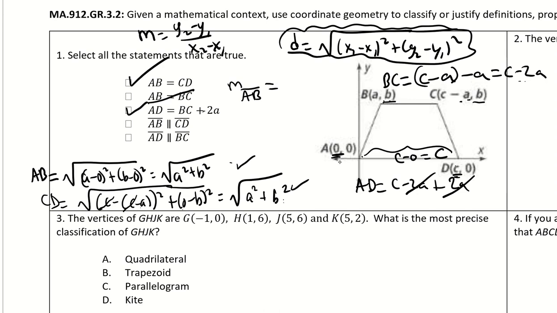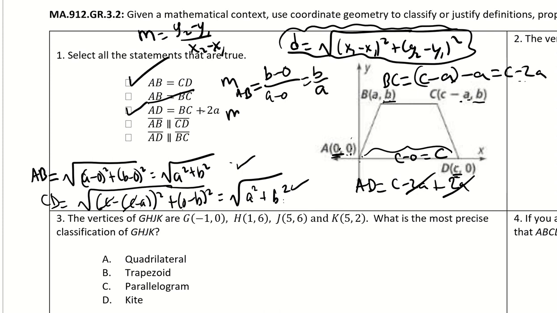Or no, that's for BC. I'm sorry. It's the slope of AB. AB is y minus y, b minus 0 over x minus x, so a minus 0. So that's b over a.